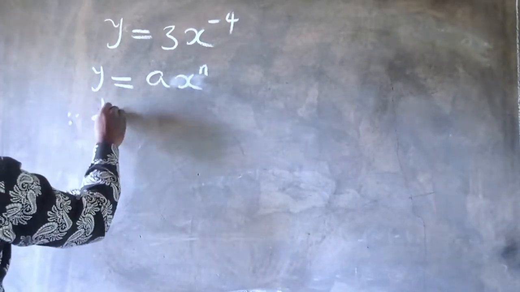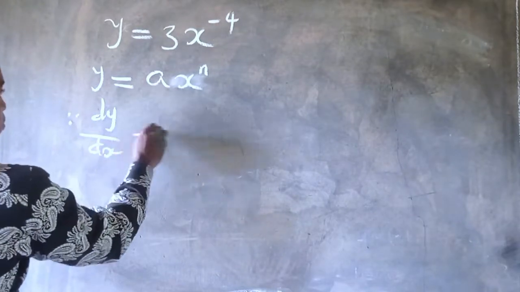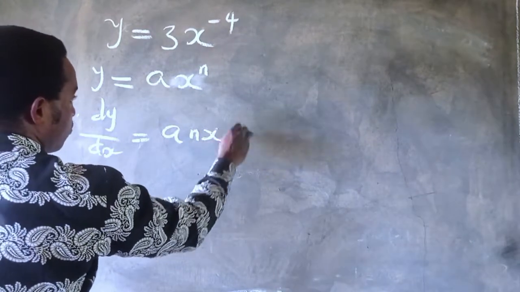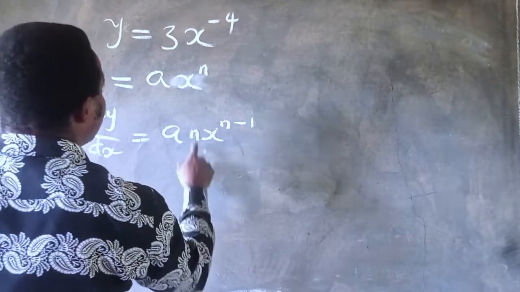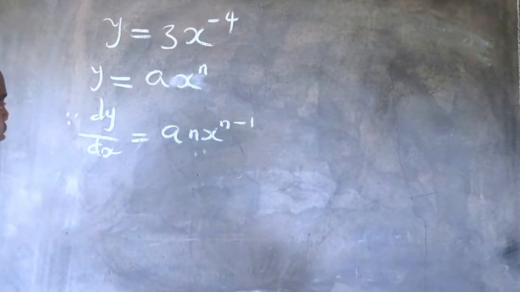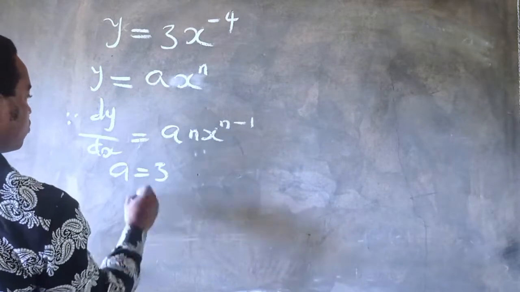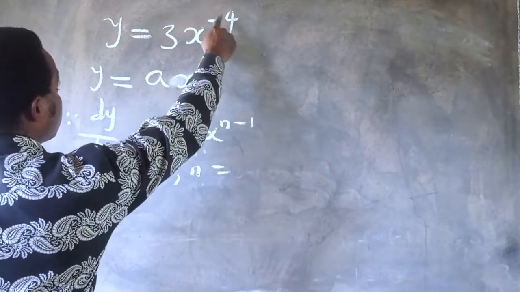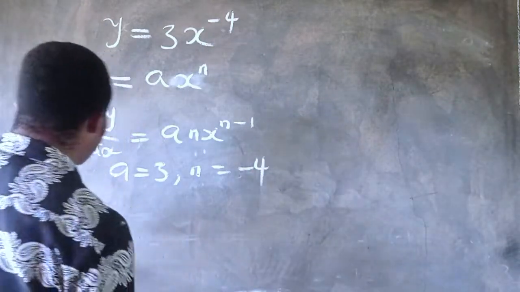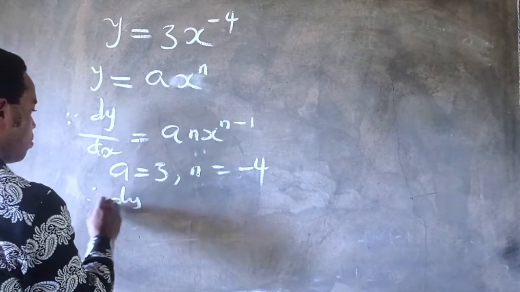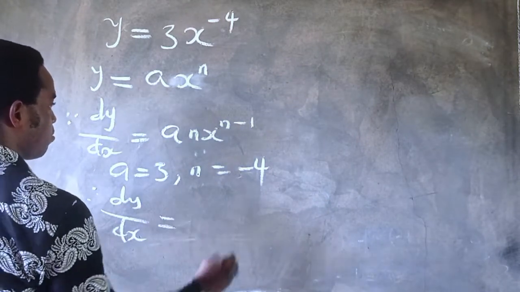So what is the expression for dy/dx, which is the differential of y with respect to x? This is it from the formula, remember? So what is the coefficient there? That is 3, and the power is negative 4. Let's go on and put these values in.